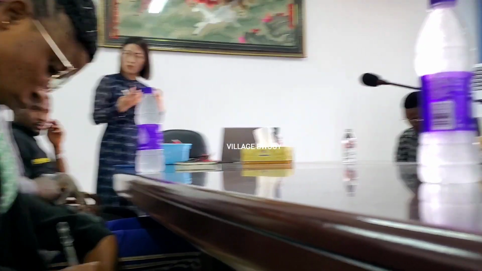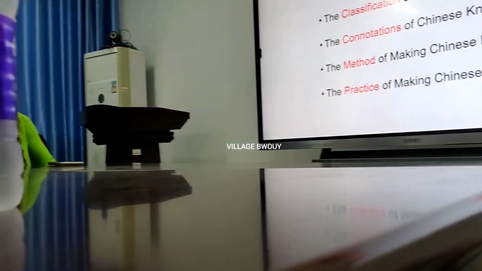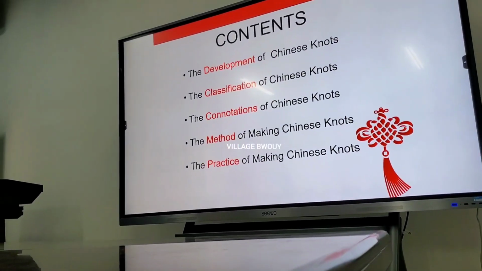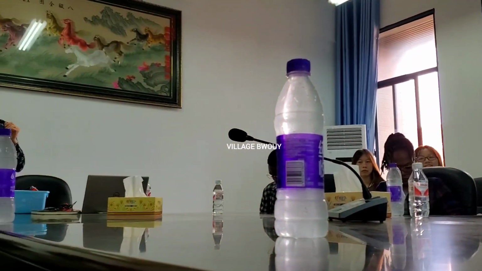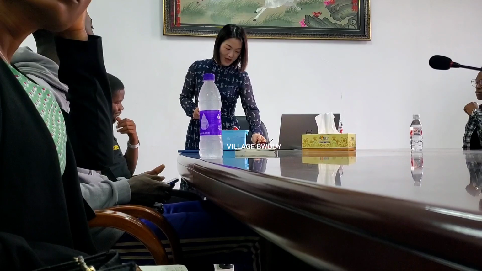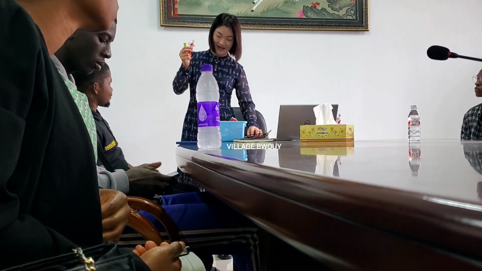And more importantly, we are going to explore the deep meaning implied in Chinese knots, and then we're going to see what steps it requires when we are trying to make one. Okay, and finally, maybe that will be the most interesting part, we will make one. So we will make one like this. Okay, do you like it? Okay.